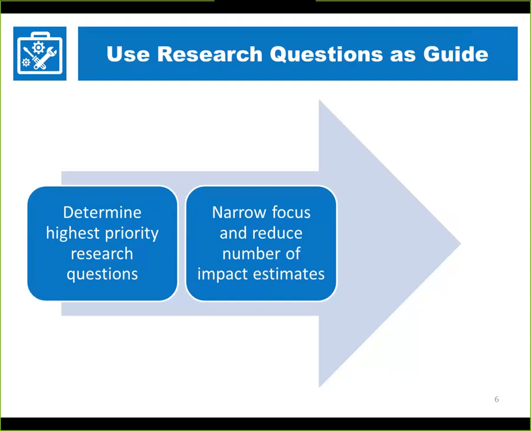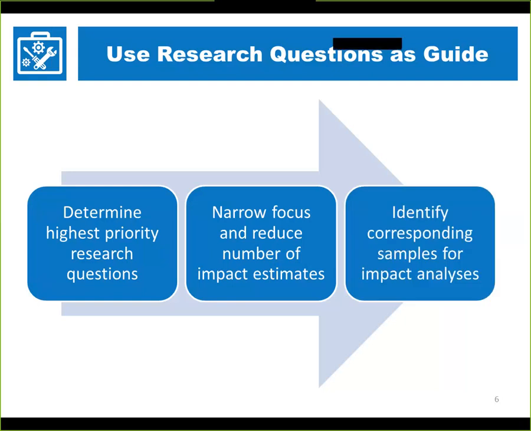Therefore, instead of estimating all the possible intervention impacts, you want to focus on a well-considered set of tests that will provide evidence about the intervention's effectiveness. And finally, you can be guided by your primary research questions to identify the corresponding samples that should be included in the impact analysis to address those questions.